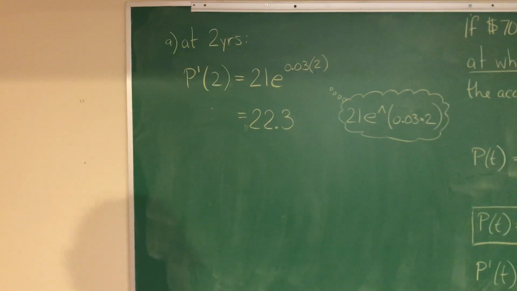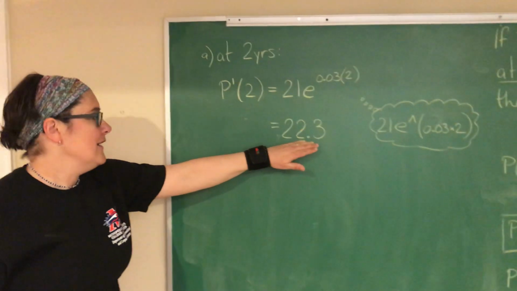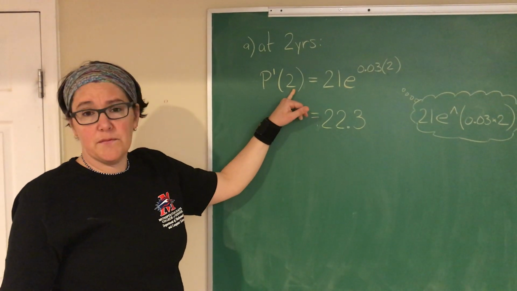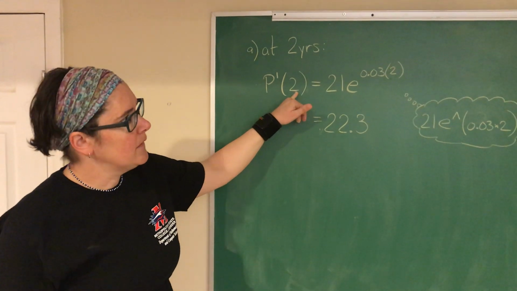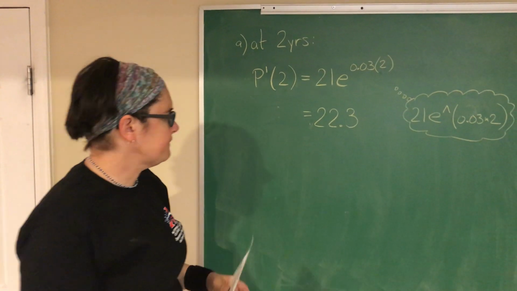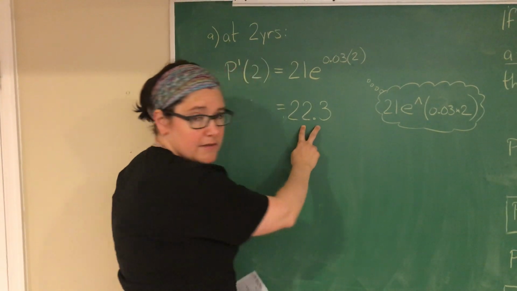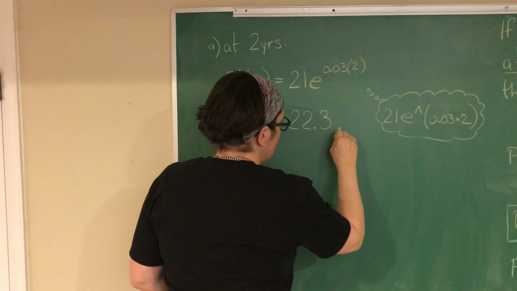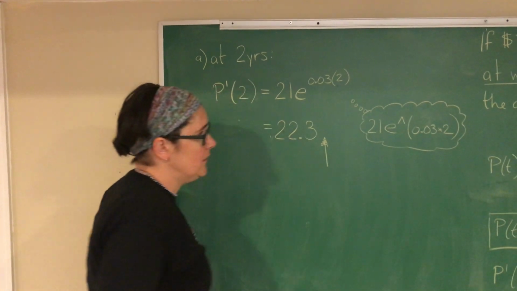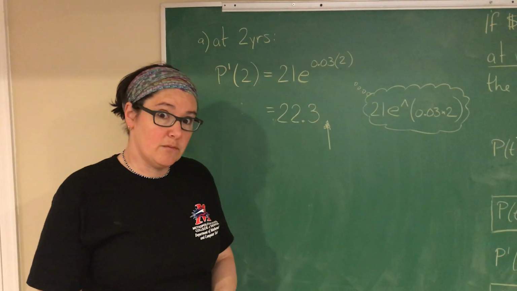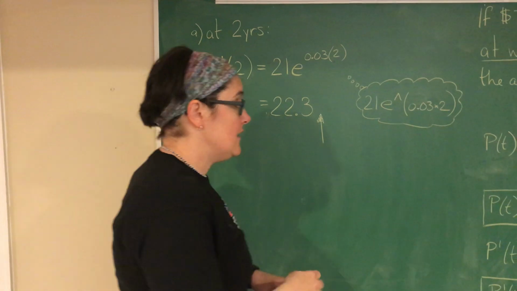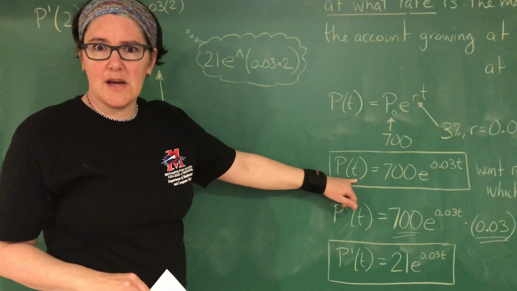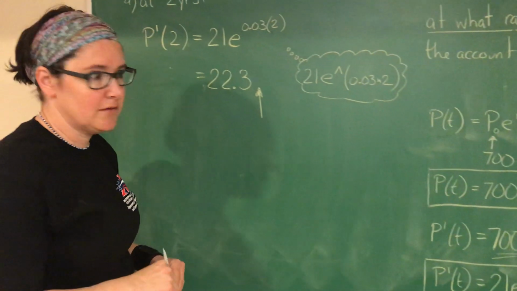All right, so let's talk about what this number is. This is the derivative of our function when we plug in 2 for t. Now, to understand what this number is saying, it's important to have a label here. We're talking about a derivative, which is slope. The input into our function is t, which is time, and that is measured in years.